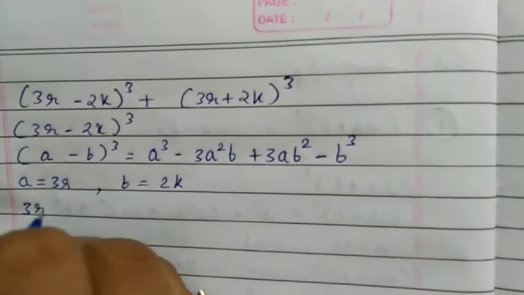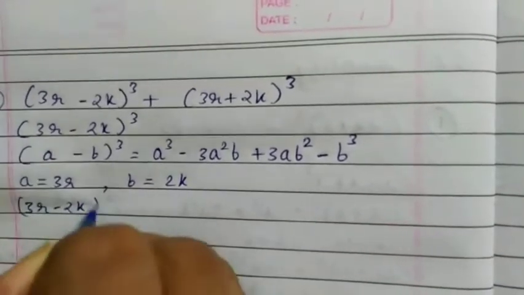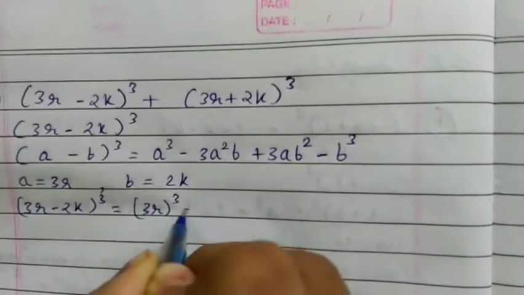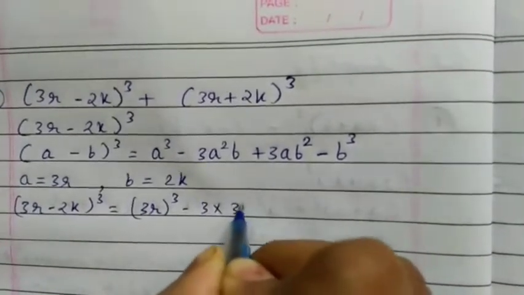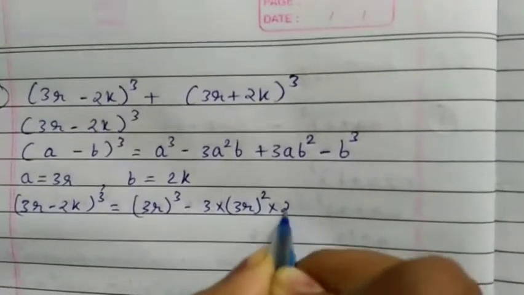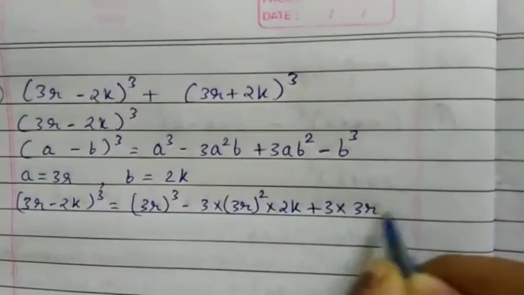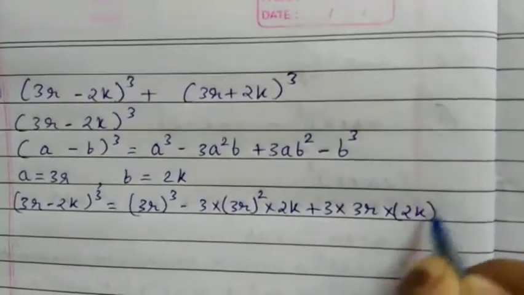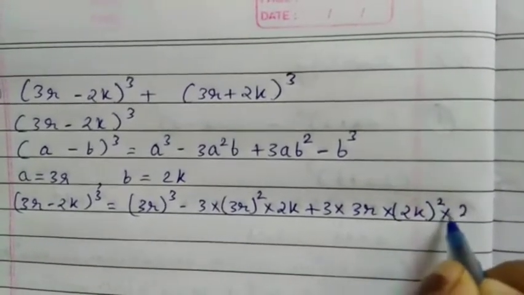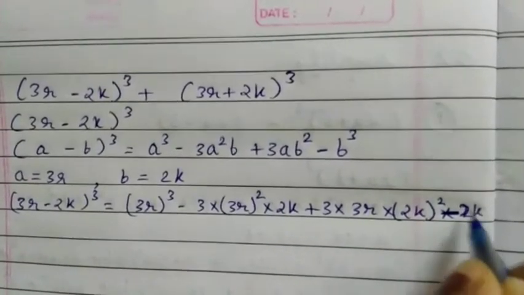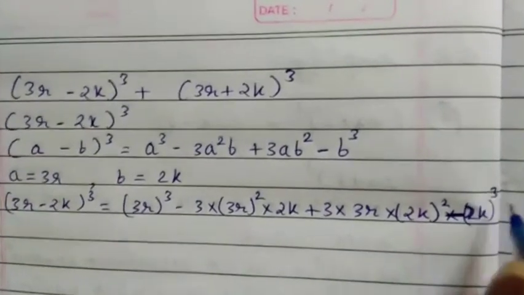So we have (3r minus 2k) whole cube is equal to 3r cube minus 3 into 3r square into 2k plus 3 into 3r into 2k square minus 2k cube.